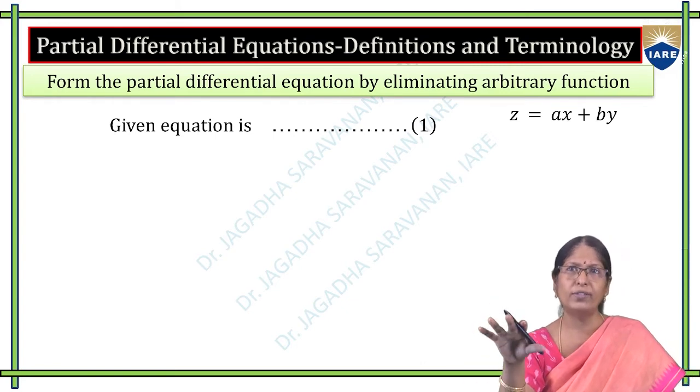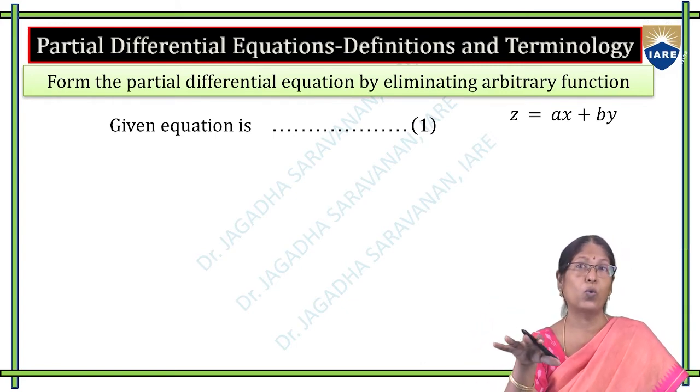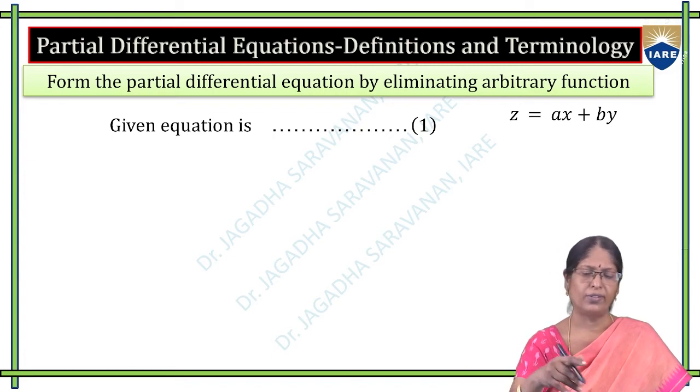How this terminology is going to work in our partial differential equation. Suppose some equation is given, just we are naming it as 1. In case the equation is in this format.